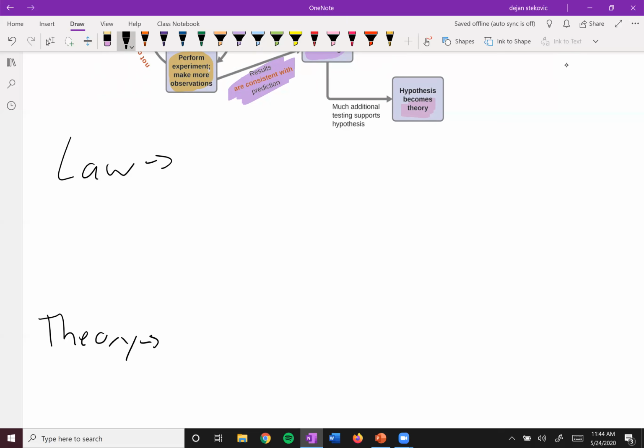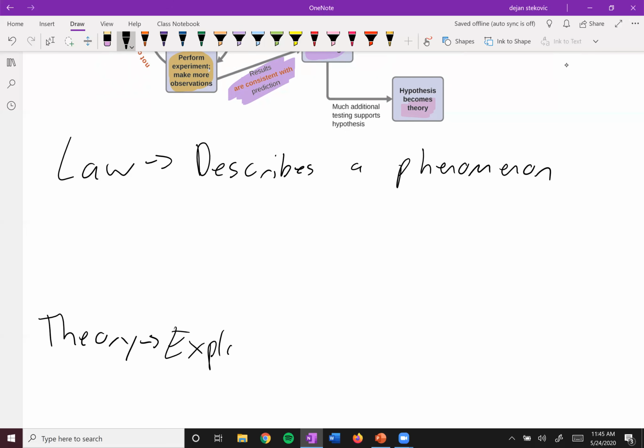They are two different things. A theory does not become a law and vice versa. It's not like it's used in normal English; it's a different meaning. A law describes a phenomenon, while a theory explains why this phenomenon happens.